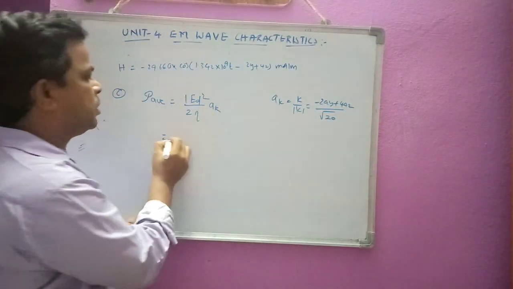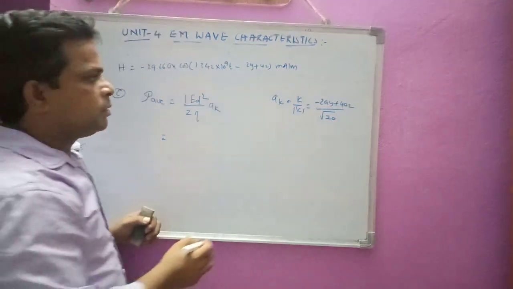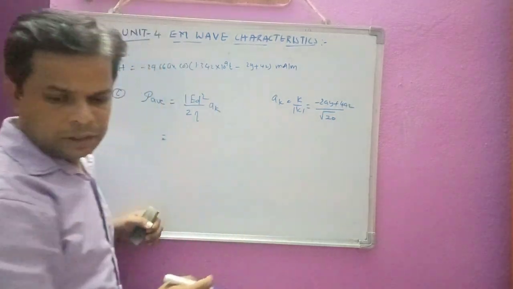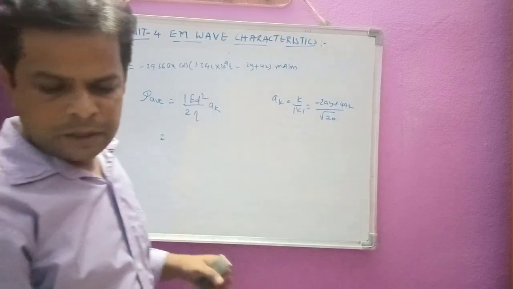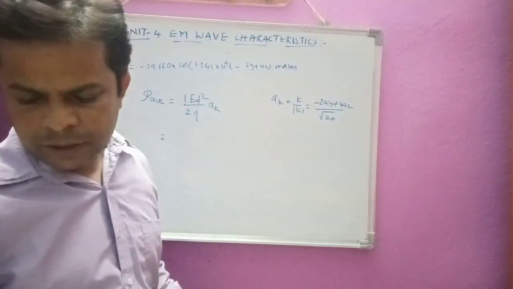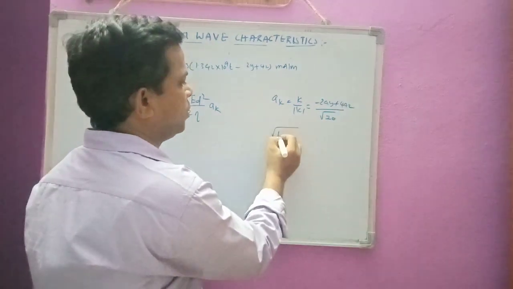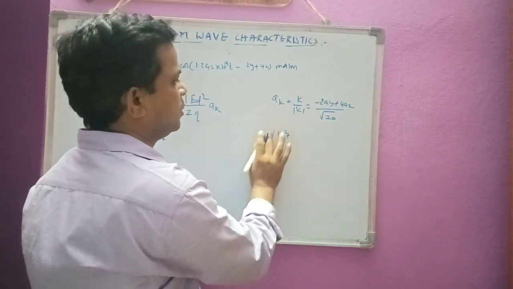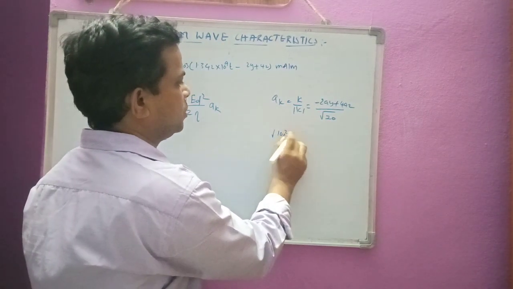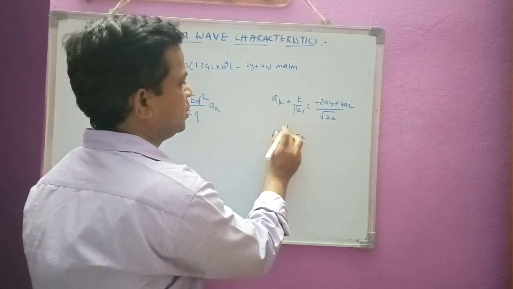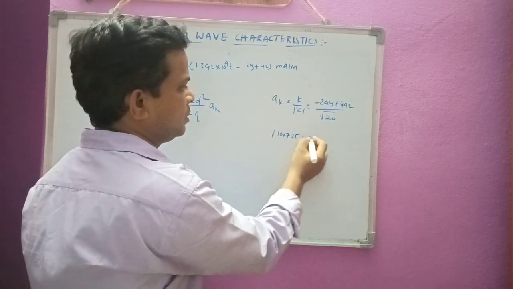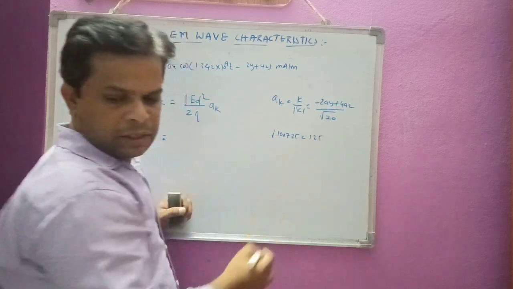Now I can write here mod E square, which in the question itself he has given. You can see the problem here, 10AY plus 5AZ. So it is root of 10 square, that is 100, plus 5 square, that is 25, which is equivalent to 125.